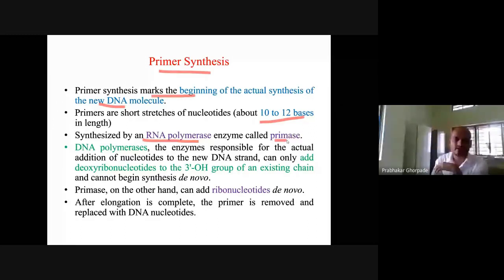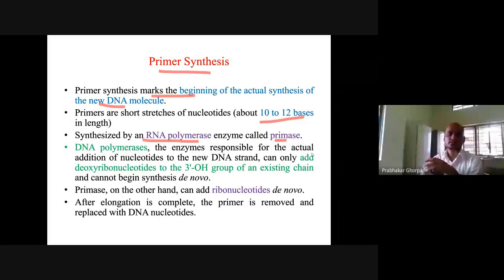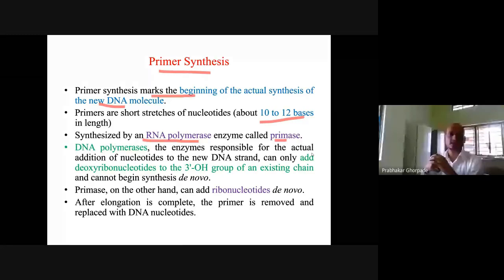DNA polymerase is an enzyme responsible for the actual addition of nucleotides to the new DNA strand. It can only add deoxyribonucleotides to the 3' OH group of an existing chain and cannot begin de novo synthesis.